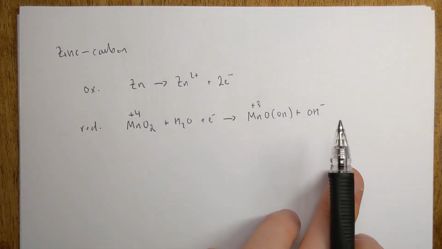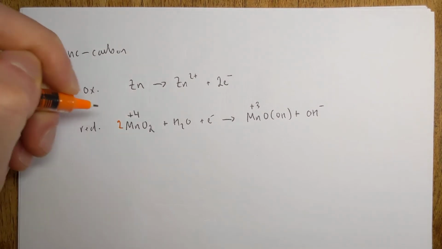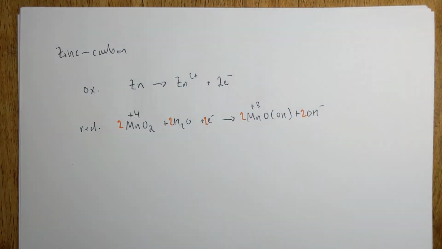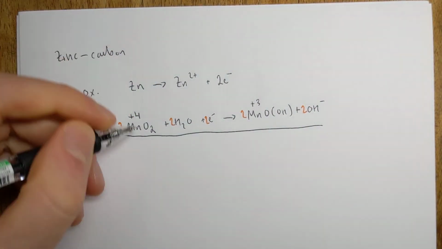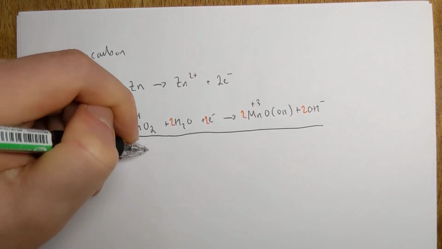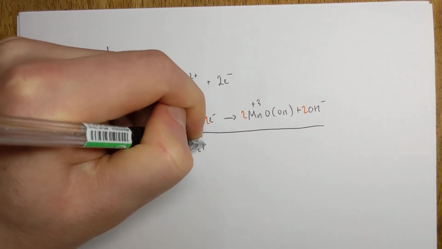In terms of making this into one equation, it's just what we did before. I do need to do a wee bit of multiplying up because I've not got the same number of electrons on each side. So we're going to double this one. And then a straightforward case of adding them together and cancelling out anything that is the same on both sides. So zinc is going to be there, 2 manganese oxides, 2 waters.